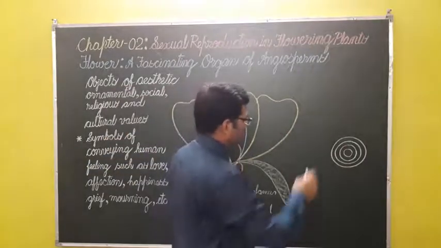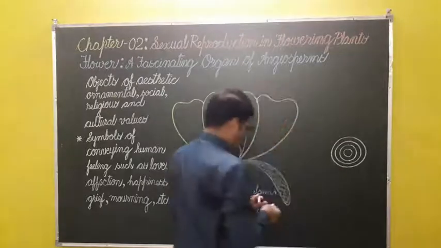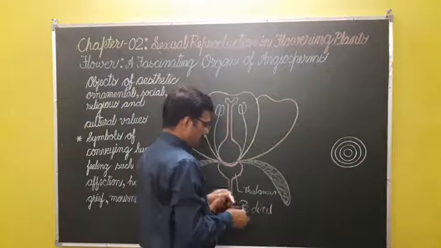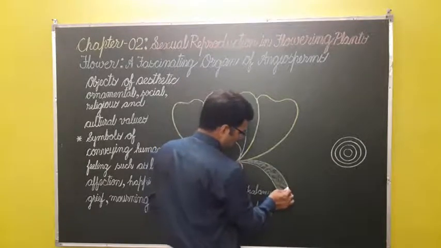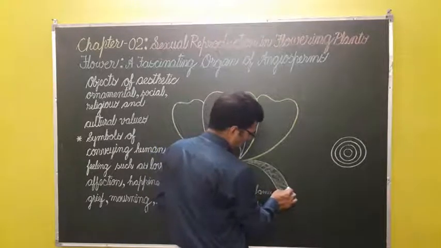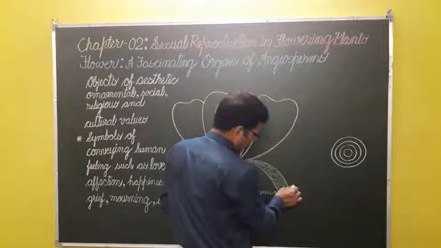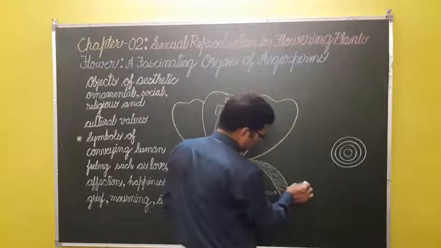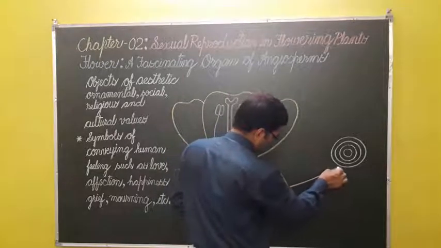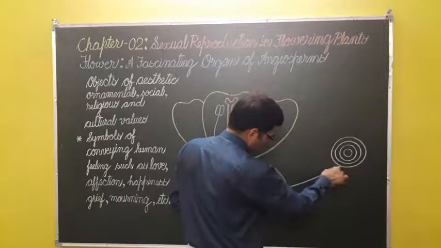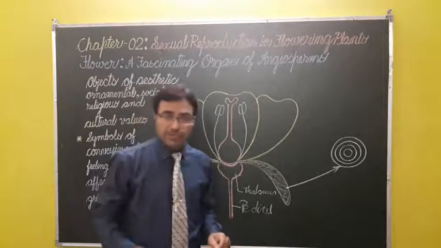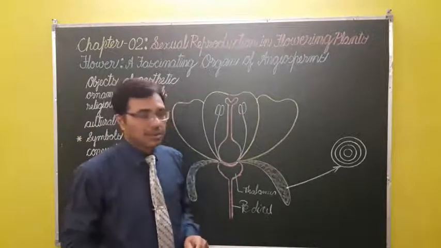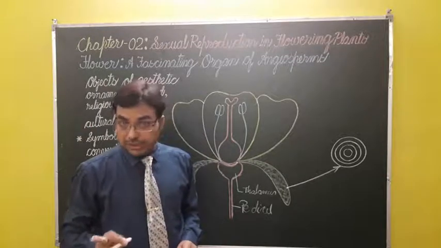Now, this is the sepal. The outermost whorl of a flower is called calyx, and the unit is called sepal.